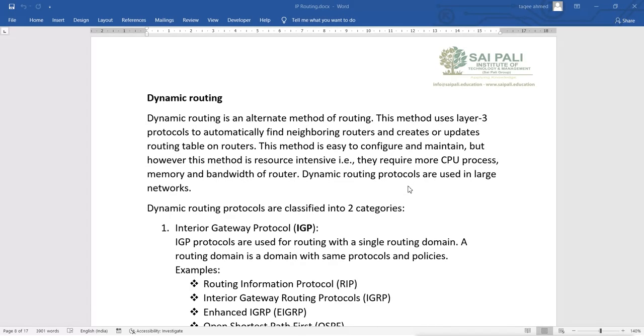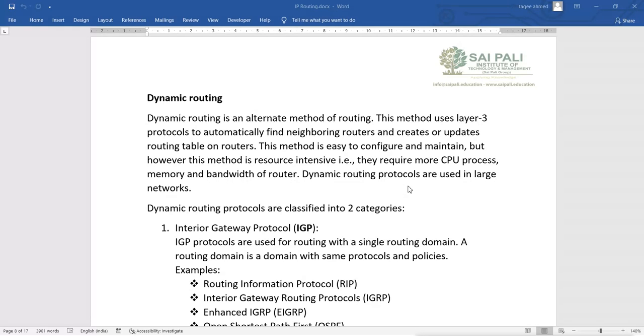Because it finds the route and path to reach the destination automatically, it does lots of calculation and lots of processing, and for that it is very resource intensive. That is, it will require more CPU processing, memory and bandwidth of the router.